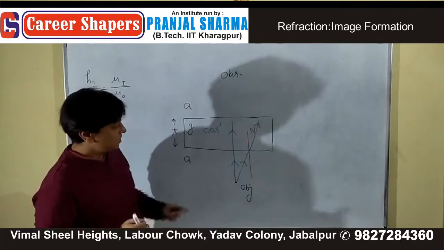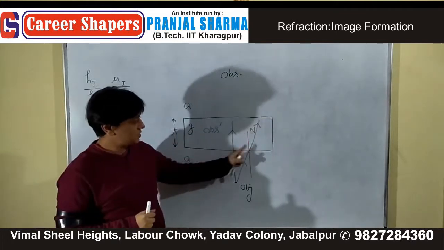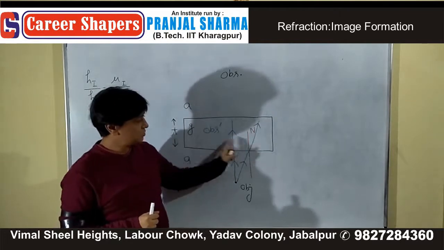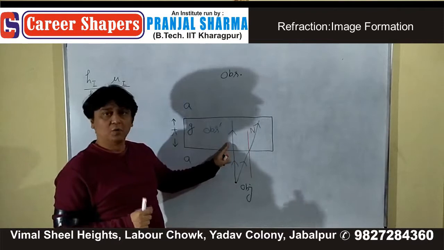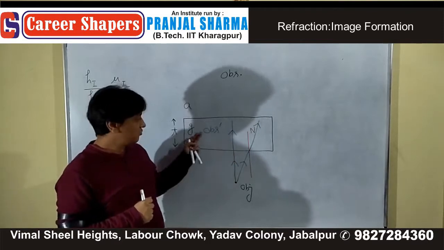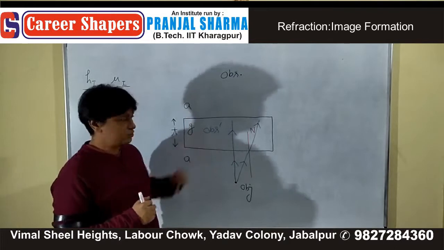Now, we have got two refracted rays. The intersection of these two refracted rays will give us the image position for this observer dash.